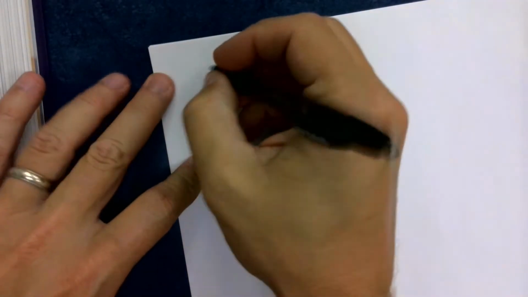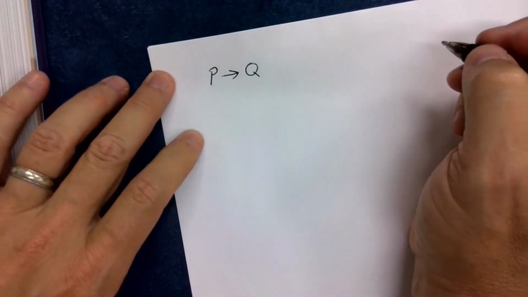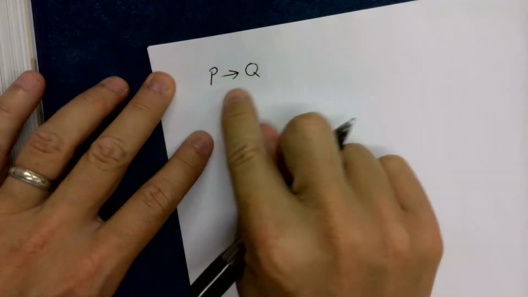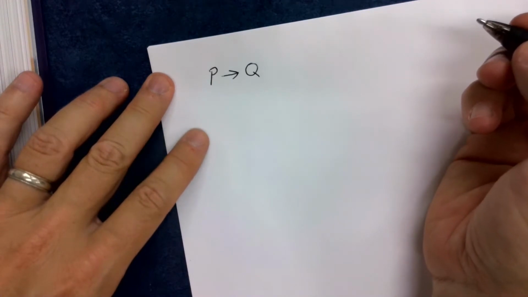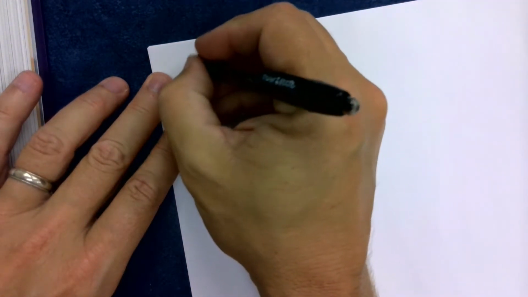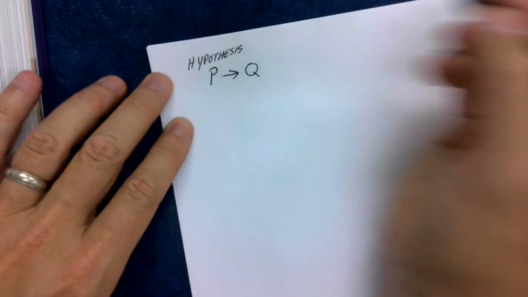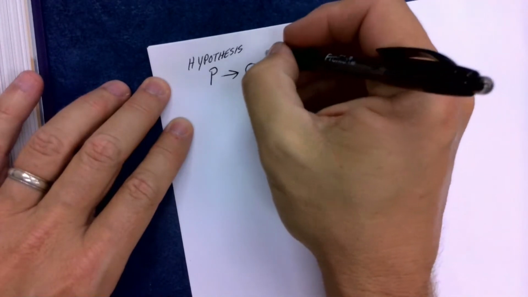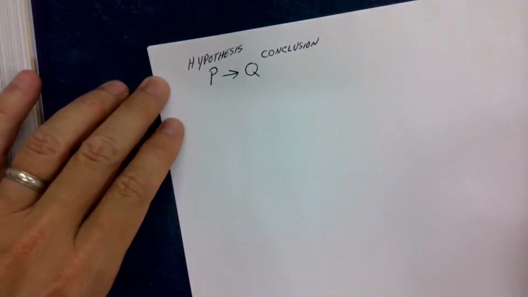So here you go. I'm going to give you a little bit of written stuff right now and talk through some of it. On our conditional statements, we're going to use a little symbolism like this. It says P arrow Q, and this means P implies Q. P is known as a hypothesis, something we think might happen, and Q is known as a conclusion, what the ending result is.